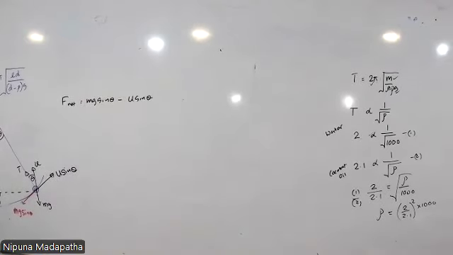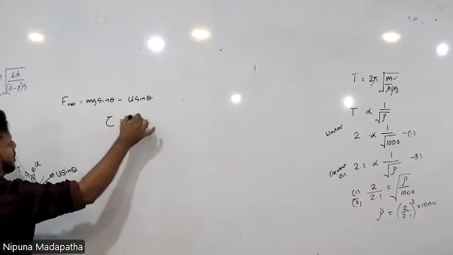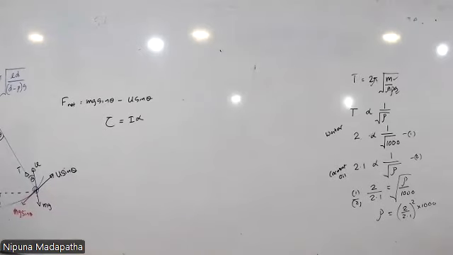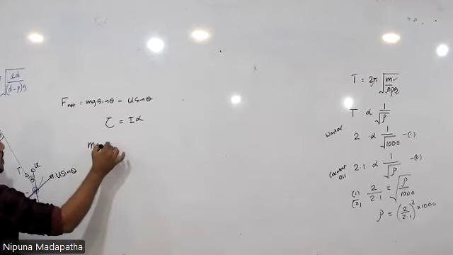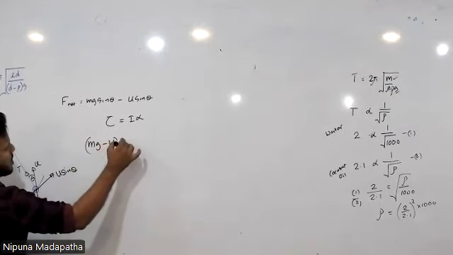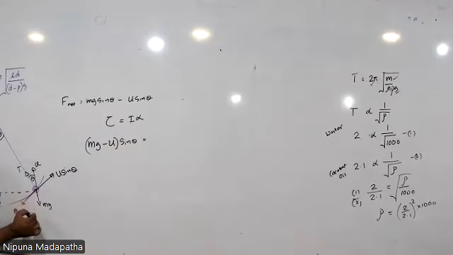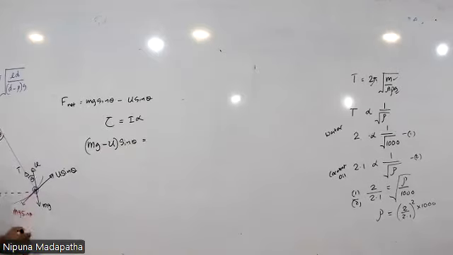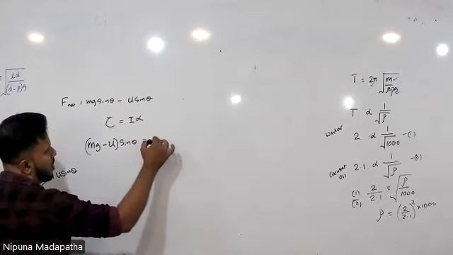When we apply torque equals I alpha, the torque is provided by the net force of these two. Sin theta is a common term, so we write (mg minus U) sin theta equals I alpha. Consider this as a particle. The length of the pendulum is L, so the moment of inertia is m L squared.